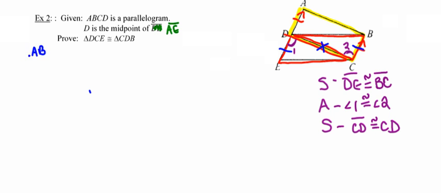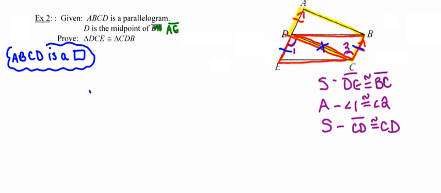So ABCD is a parallelogram. And because it's a parallelogram, I actually know a couple different facts. The first fact I know is that the opposite sides, AD, and I'm actually going to call them AE and BC, are parallel to each other.